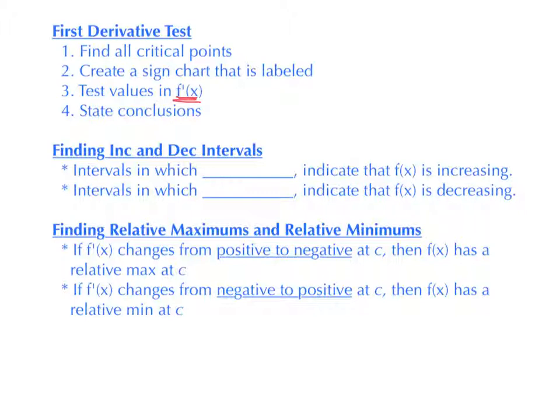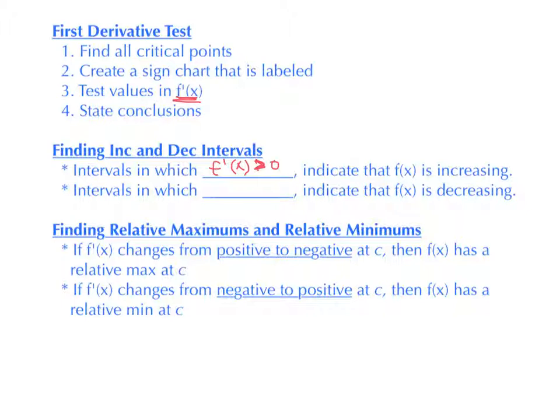So when we're asked questions like this, we're going to be asked to find the intervals of increase and decrease using the first derivative test. So what we need to understand is that intervals in which f prime of x is greater than 0, in other words, where the derivative is positive, indicate that the original function was increasing.